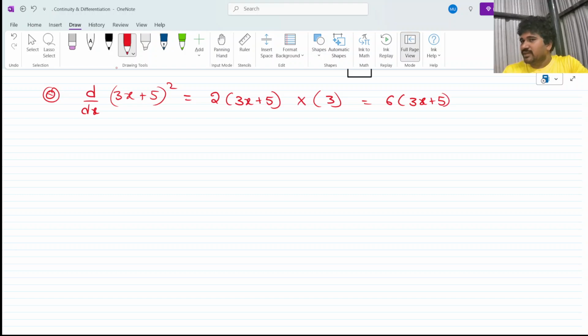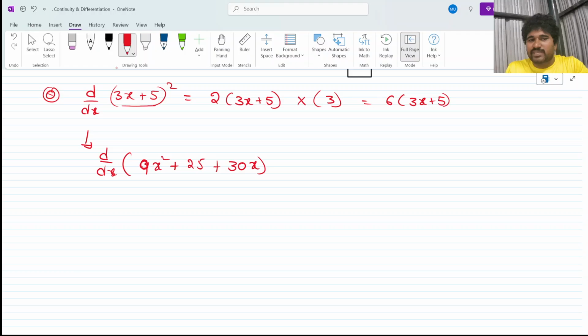Correct? Now observe, I didn't do it this way. What I felt is, I know the a plus b whole square formula. What is the a plus b whole square formula? A square, that means 9x square, plus 25, plus 2ab, how much? 2 into 3 into 5, 30x.